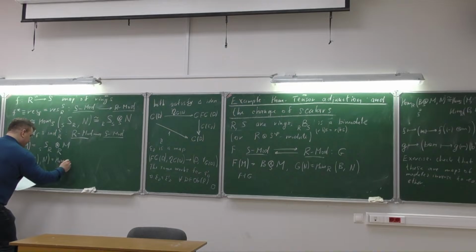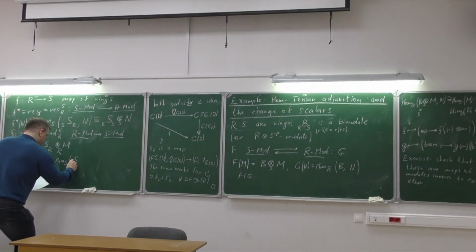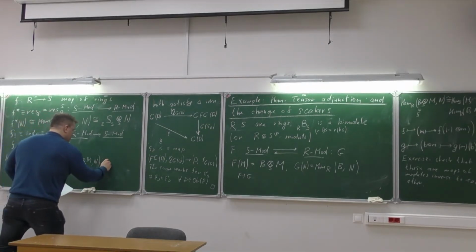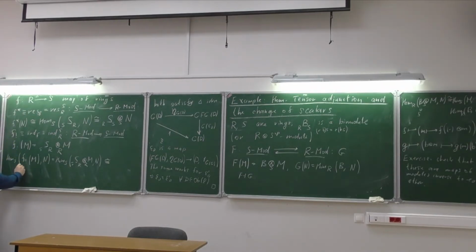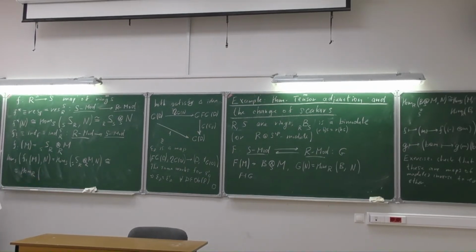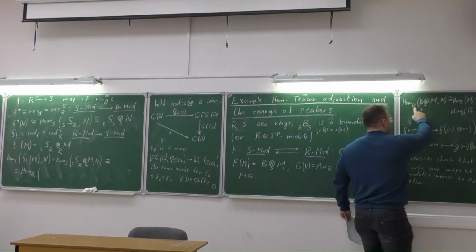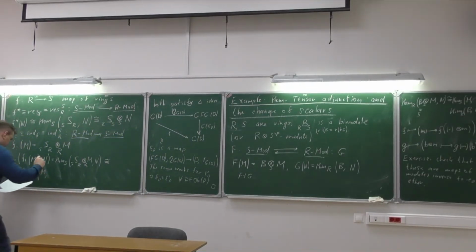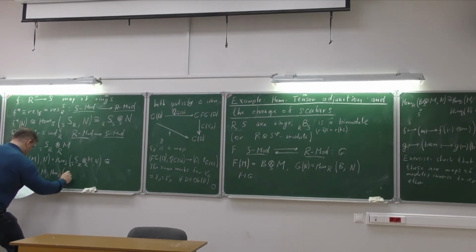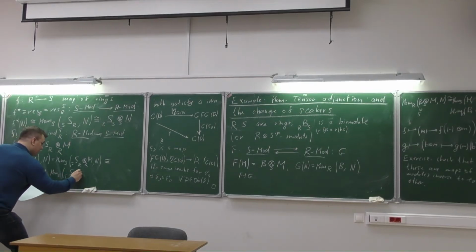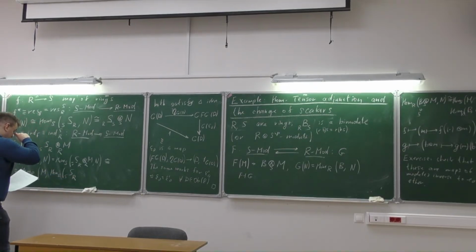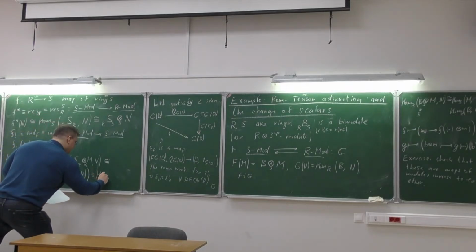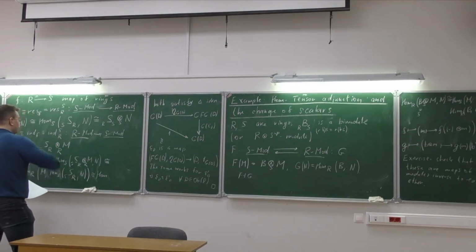This is Hom over S of the tensor product of S, M, and the second argument is N. Now use the adjunction to write this as the Hom, now over the ring R. Notice that in the adjunction, indeed, for this outer Hom, we need to change the rings R and S. So this will be Hom over R. The first argument is M, and the second argument is the Hom over S of S, N. Which is, again, just plug in one of the formulas for F upper star, namely the first formula.